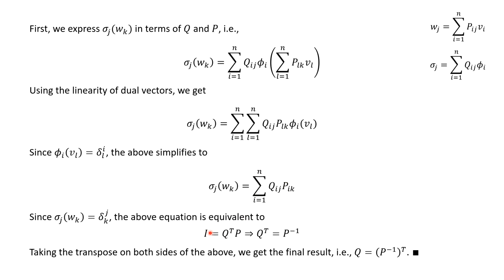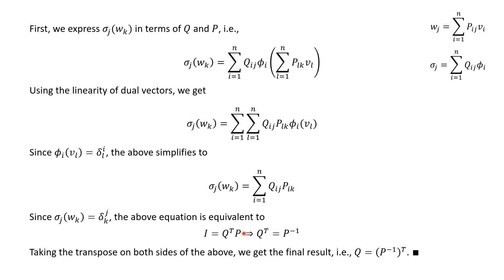Then this side here is equivalent to the identity. You notice here j and k are free variables on both sides. So this equals 1 if and only if j equals k and 0 otherwise. So that's why we have the identity here.